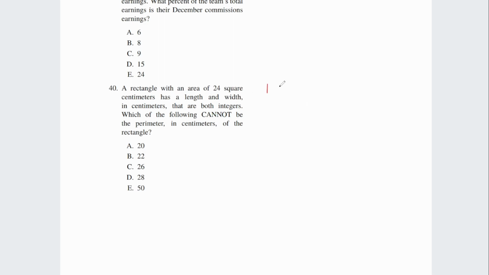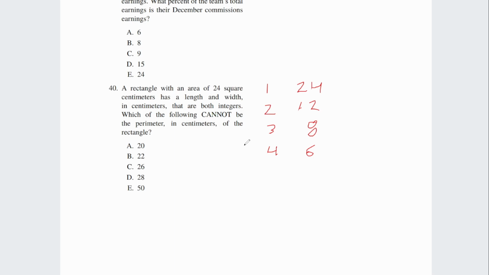So we can have 1 by 24, we can have 2 by 12, we can have 3 by 8, we can have 4 by 6, and all the way back down, 6 by 4, 8 by 3, etc.